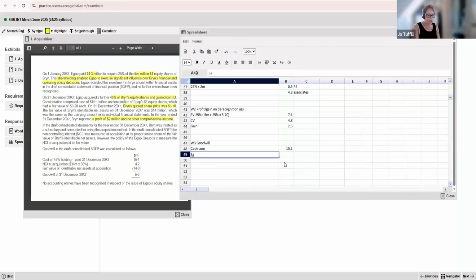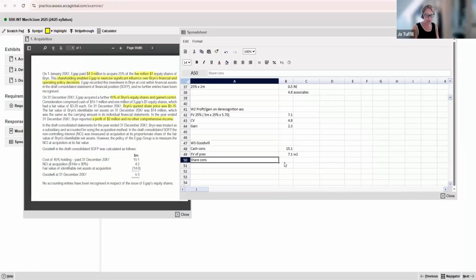Now we need to do the share. Oh no, let's do the fair value of previous holding, because we've already adjusted for that, don't forget. And that equals 7.1. And remember, we've already adjusted for that in working 2. Then we've got the share consideration. Oh, sorry, I've got to retype that.